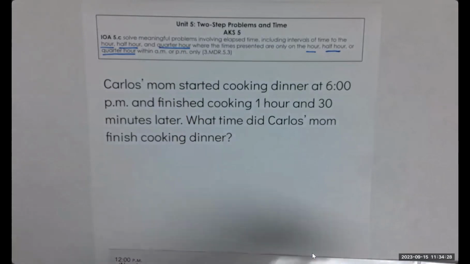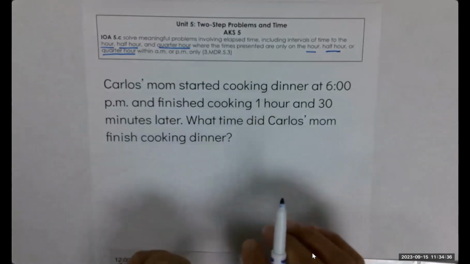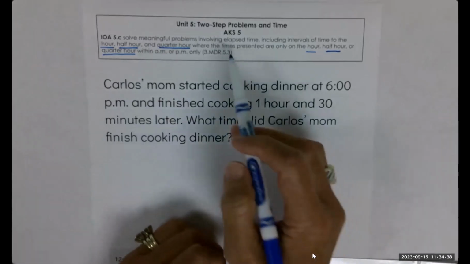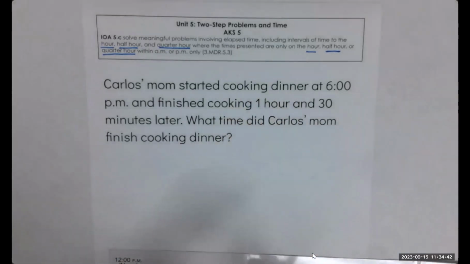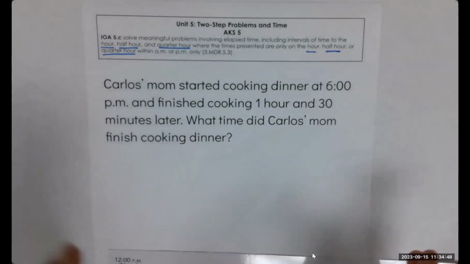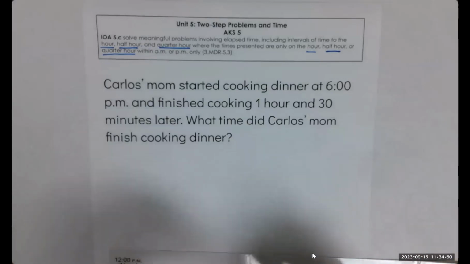Real quick, before we get started, I want to talk to you about the different problem types your students will engage when solving these elapsed time problems. They will be solving for an unknown end time. They will be solving for change of time when students are given both the start and the stop time. They have to find the change of time, and they also have to find the unknown start time.